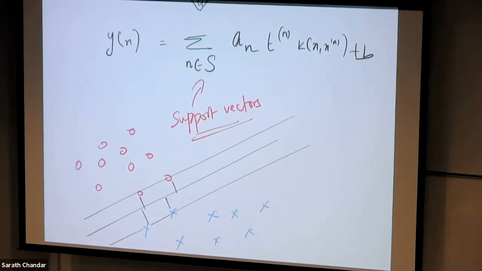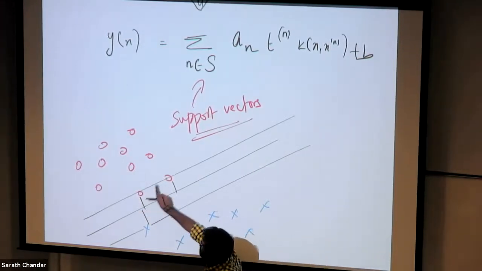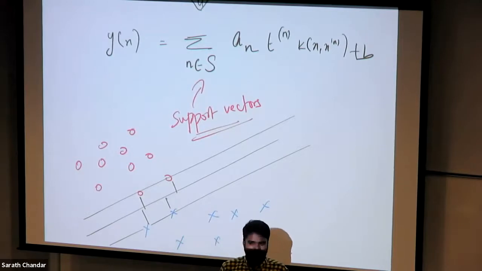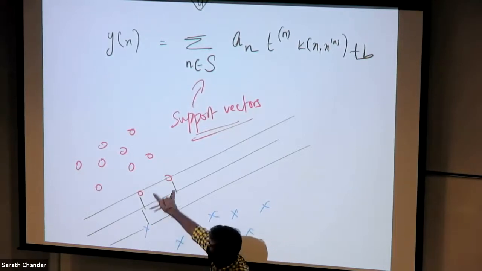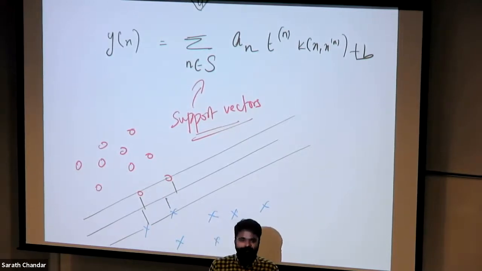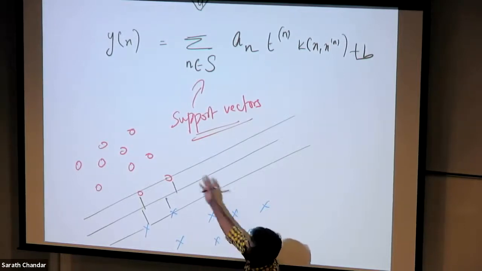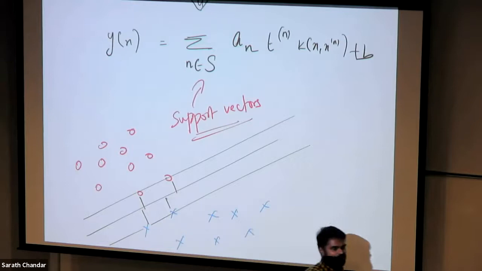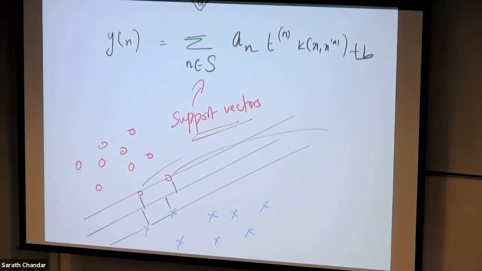Anyway you would do a summation over everything. Instead, now you just need to do the summation over these points, because only for these 4 points A is going to be non-zero. For all the other data points, by definition, A is going to be 0. Is that clear? We are going to call these 4 data points support vectors.